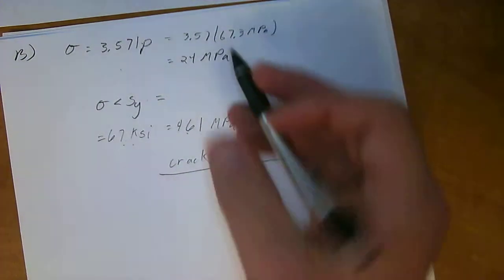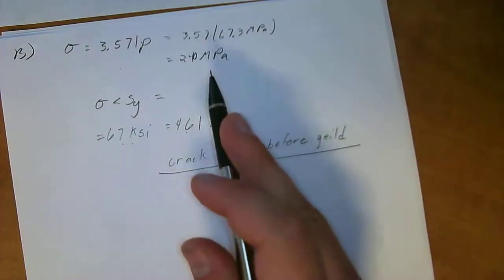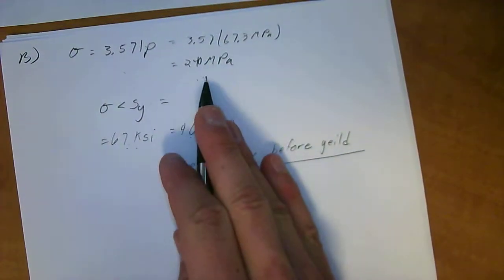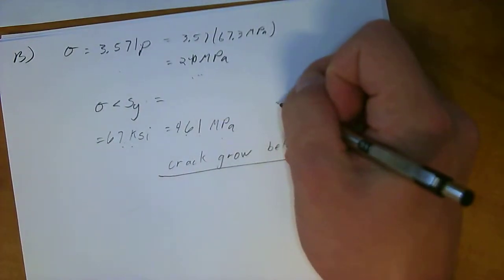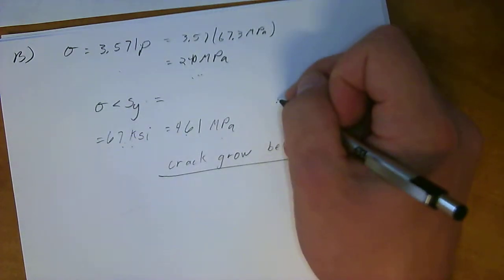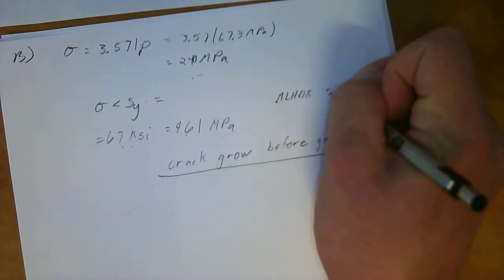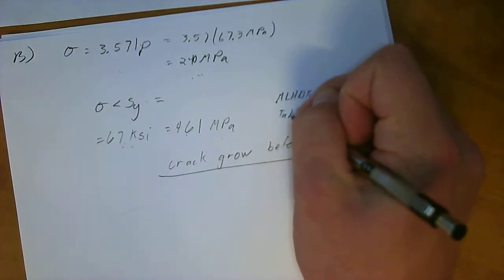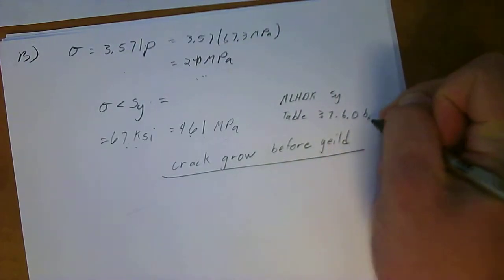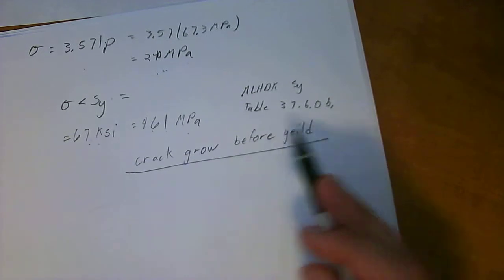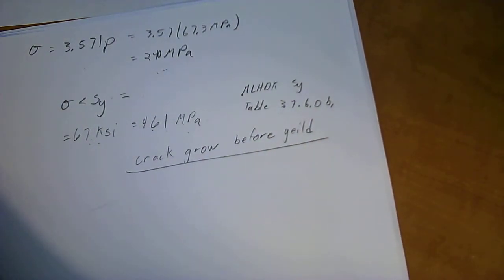Go look at the tables: you use Mil Handbook 5 for SY, and then the table in the Shigley book, table 3.7.6.0. That will give you the values that you need, and you'll see where those values come from. Alrighty, there you go.